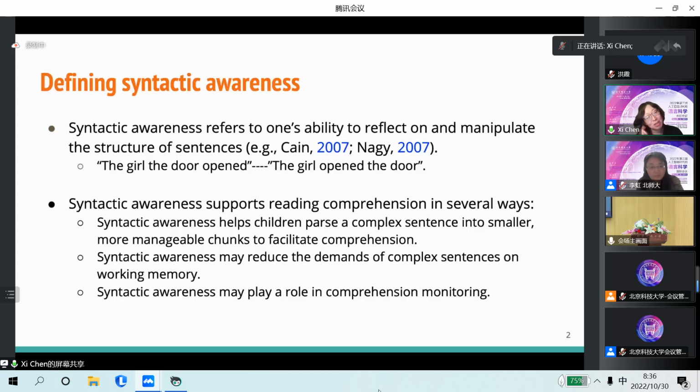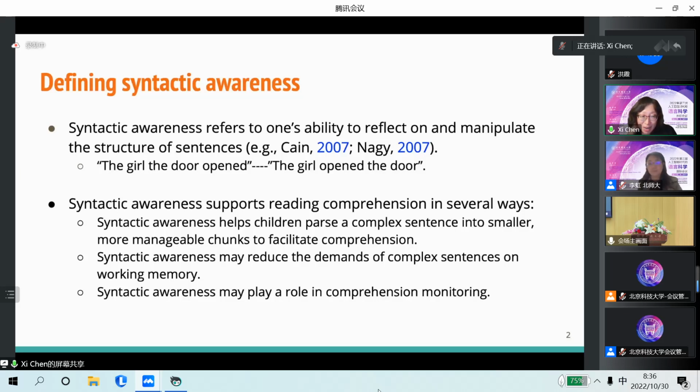If you do not have any awareness of syntax, it's just one very long sentence. It's difficult to understand. But if you're aware of the sentence order and the different clauses that make up the sentence, you can chunk it into different segments, and then that will allow you to understand each segment or each chunk and then put them together. So in that sense, syntactic awareness facilitates reading comprehension.